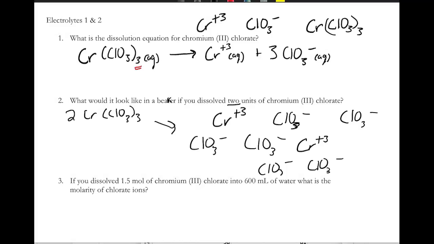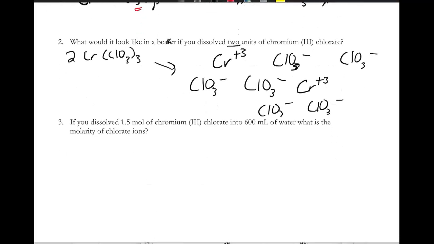It says, if you dissolved 1.5 mole of chromium 3 chlorate into 600 milliliters of water, what is the molarity of chlorate ions? Well, we know that molarity is equal to mole per liter. So one of the first things I would need to do is think about transforming my 600 milliliters into liters.